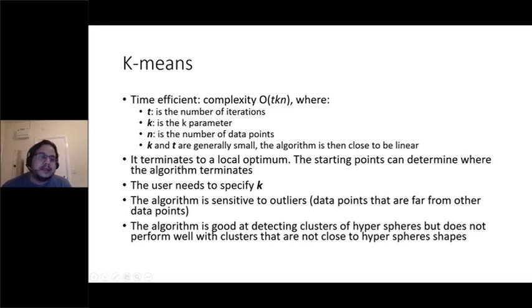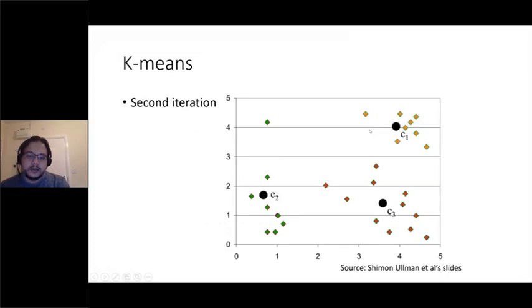So what does it mean? It terminates at a local optimum. What this algorithm does is try to find the centroids. Let's look at some graphs.